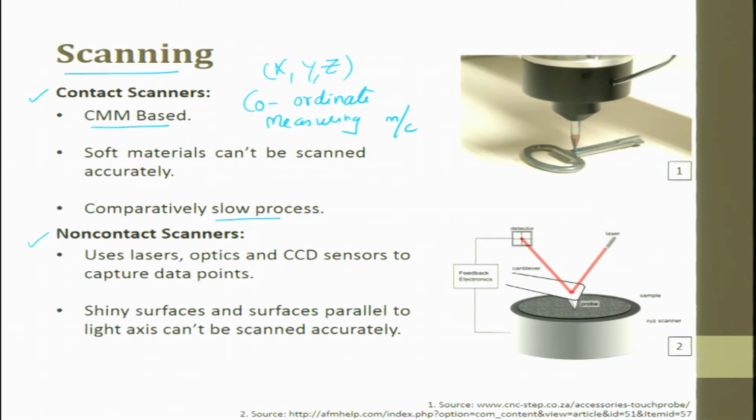For the non-contact type, we can use laser or optics and CCD sensors to capture the data. This is a typical atomic force microscope working principle image. I have just put it as laser non-contact scanning for your understanding. Here is a probe, and at the back side of the probe you put a reflecting material.